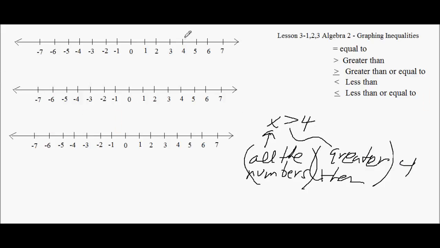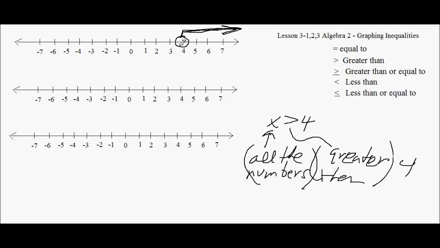So the way you graph it is you put a circle around the 4, and then I draw a line that way with the arrow, like that. And this would be like 5 is greater than 4, 6 is greater than 4, 7 is greater than, but we're not including 4.